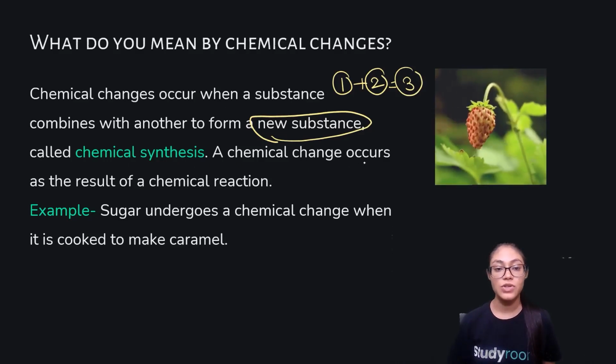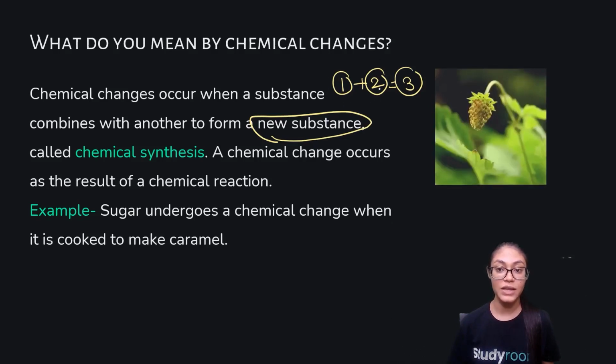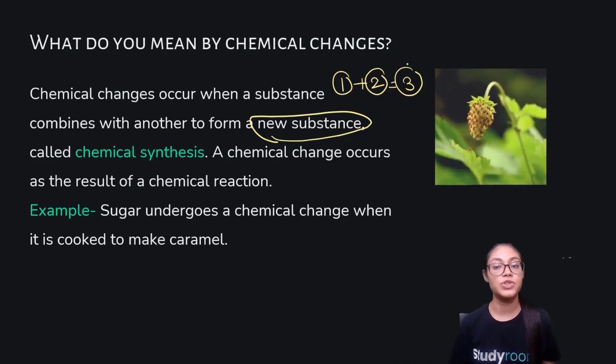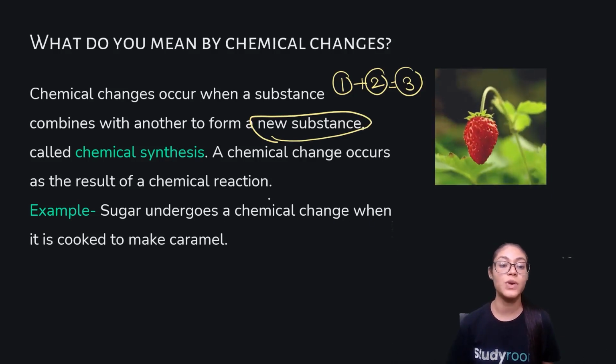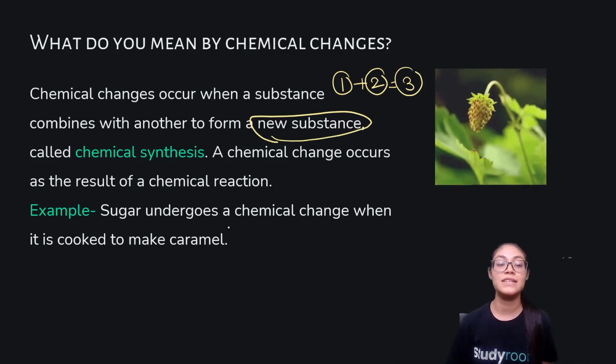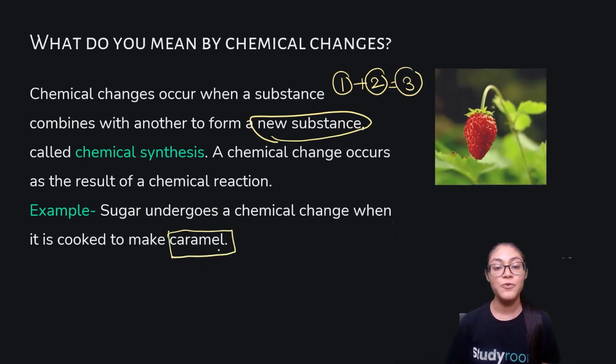A chemical change occurs as the result of a chemical reaction, which results in the formation of a new substance. For example, sugar undergoes a chemical change when it is cooked to make caramel. This is an example of chemical change because a new substance, caramel, is formed as a result of this reaction. Correct?